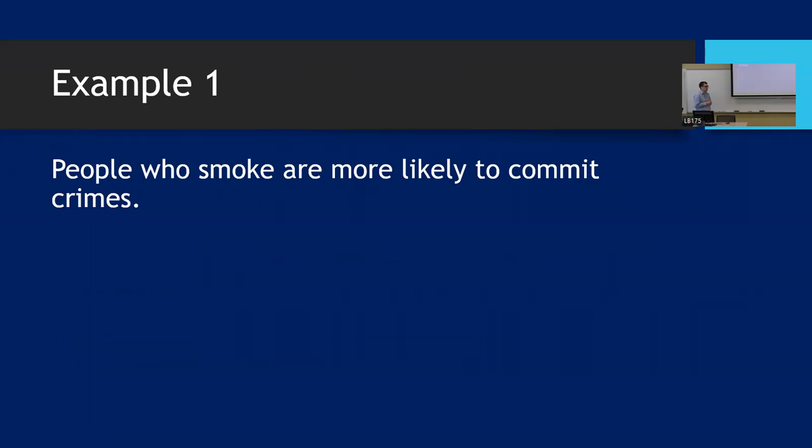Now, what is that saying, and what is it not saying? Well, that's saying if you look at the group of people who smoke, they have a higher crime rate than the group of people who do not smoke, right?